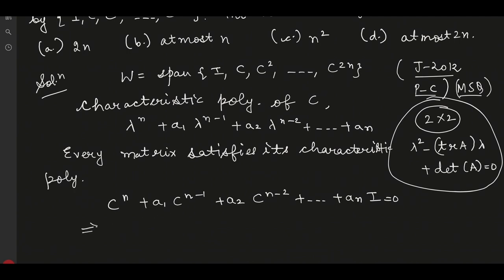From here, I can take this C^n on left side only and remaining entries on the right side, minus a1 C to the power n minus 1.